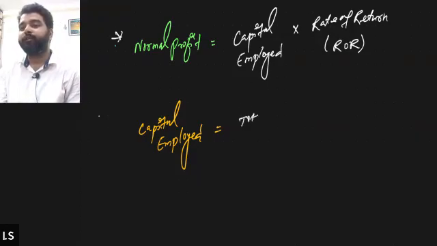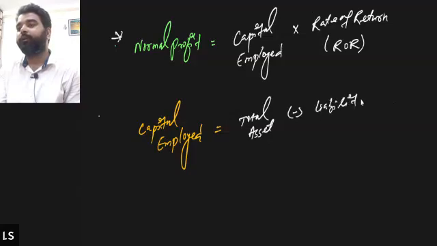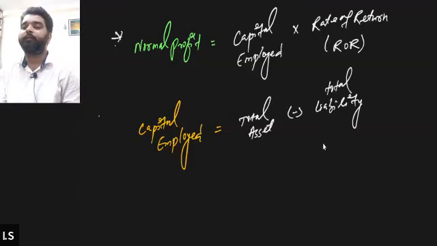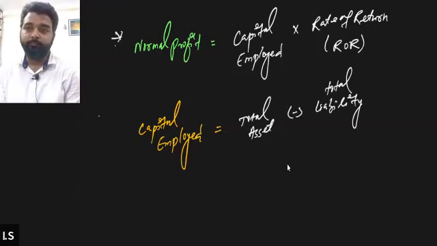Total value of the asset, out of the total value of the asset, we will be subtracting the total value of the liability. This is it. Total asset minus total liability, we will get the capital employed.